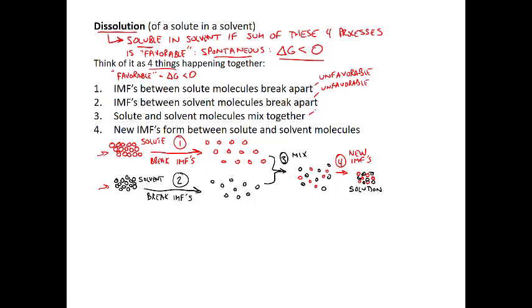Then you have to mix the solute and the solvent molecules together. So depending on the situation, this is usually going to be favorable. There's cases where it's not. And then you form new intermolecular forces, so that's typically going to be favorable because you're getting new intermolecular forces back.